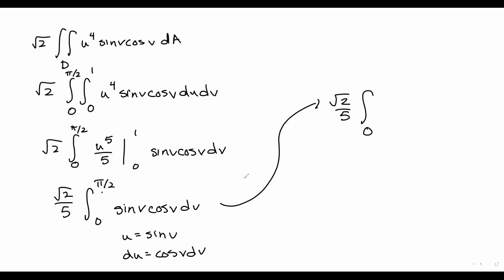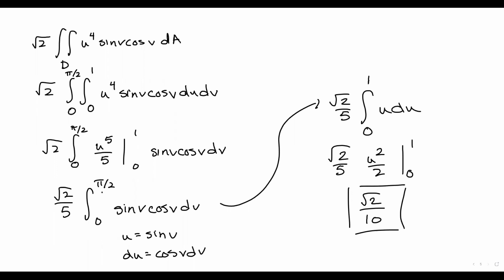Plug in pi over 2 into sine, you get 1. And then this is u du. So we've got root 2 over 5, u squared over 2, from 0 to 1. Plug in 1, you get a half. So we're going to get root 2 over 10. All right, and that is our value for our surface integral.